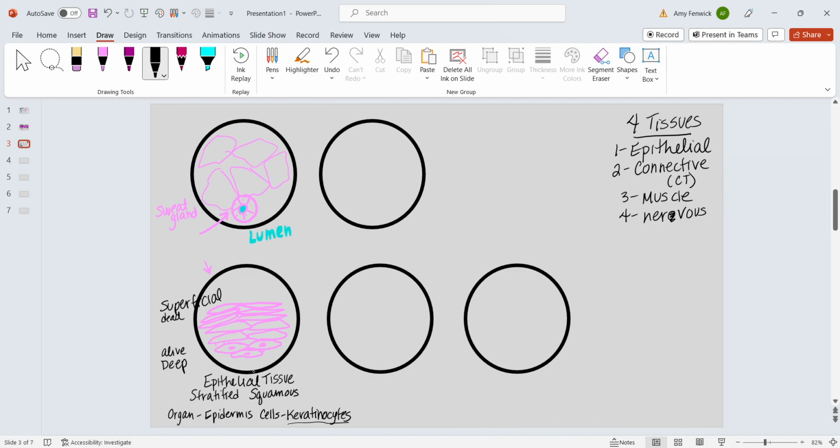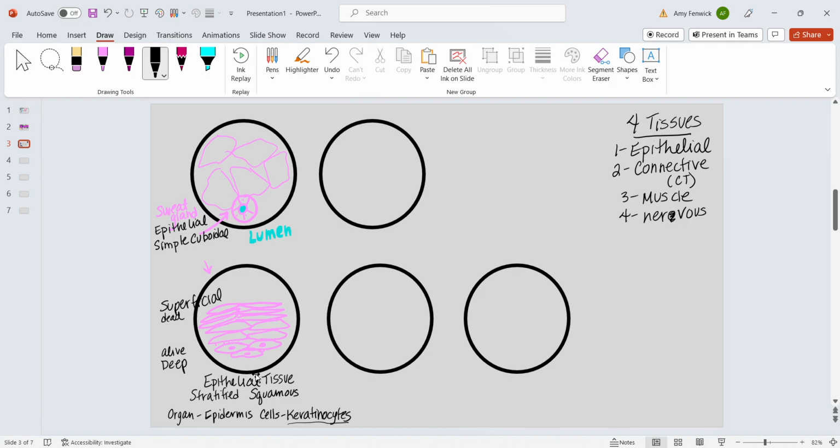Because the sweat gland has an open space, a lumen, it is surrounded by epithelial tissue. And because it's only one layer, we call it simple instead of stratified. And because the cells are cuboid in shape, we call this simple cuboidal.